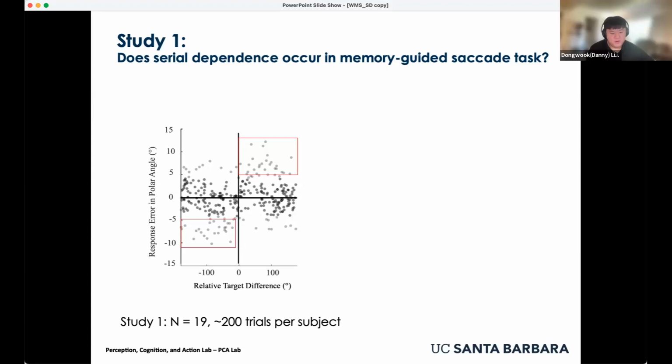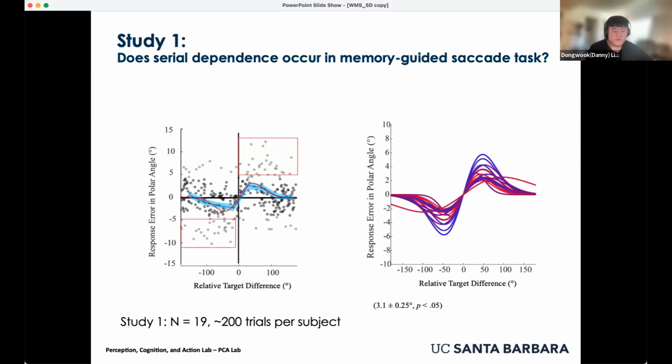To further analyze serial dependence, we fitted a derivative of Gaussian curve, known as the DoG curve, shown by the red line. The dark blue line indicates the moving average of error, and the shaded blue indicates the standard error of the mean. On the right, examining all participants' data, the DoG curve fitting consistently demonstrated an attractive bias, supporting the occurrence of serial dependence.